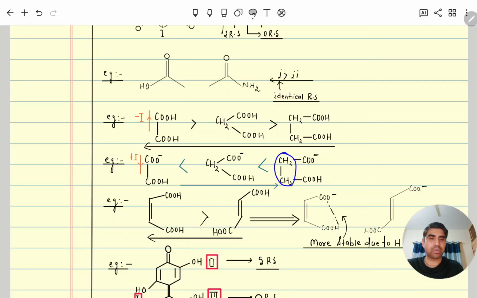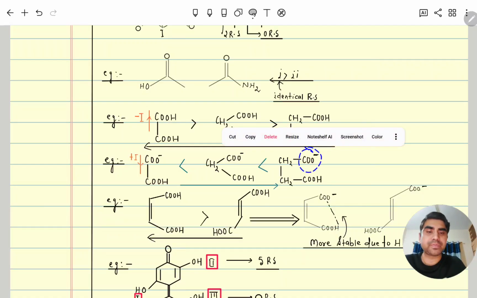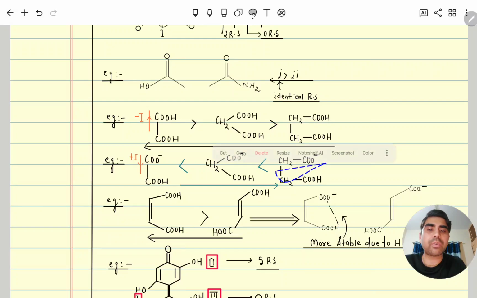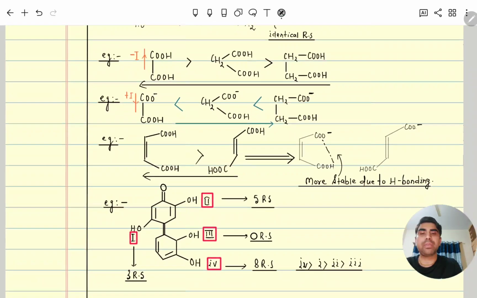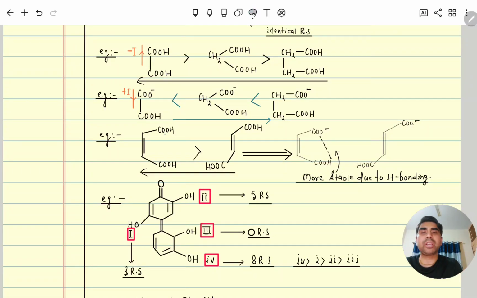As the distance increases, it will donate electrons but not that effectively, which means this conjugate base will be relatively more stable. Clear? Now this one, you know, malic acid and fumaric acid.